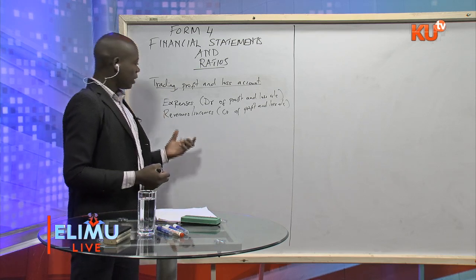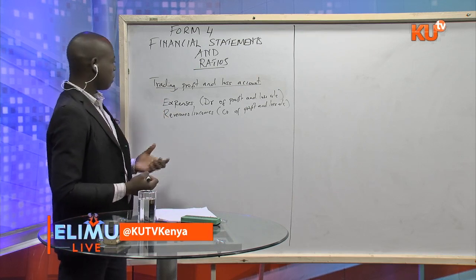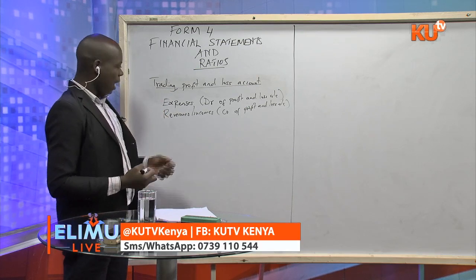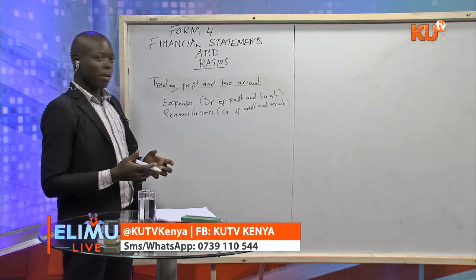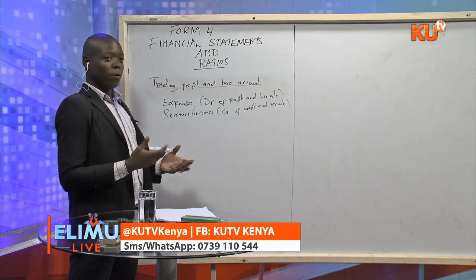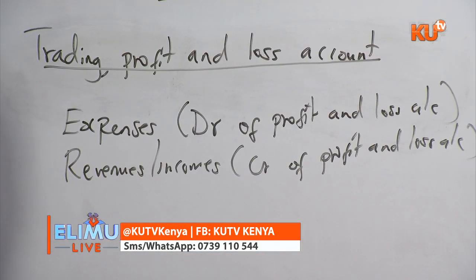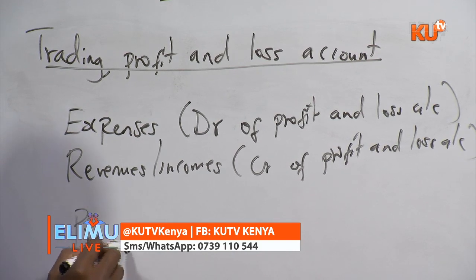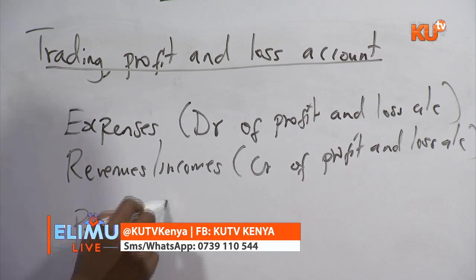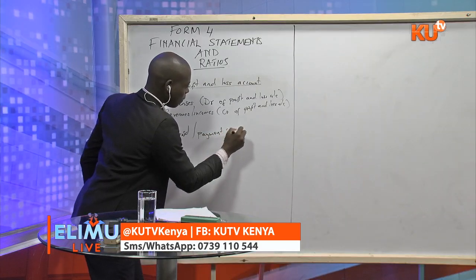We need to understand one thing about expenses and revenues. When we are dealing with accounting, we have to know how to make adjustments to these expenses and revenues. The key adjustments: sometimes we make payments in advance before the service is offered. We call them prepaid expenses. Prepayment simply means payment in advance.